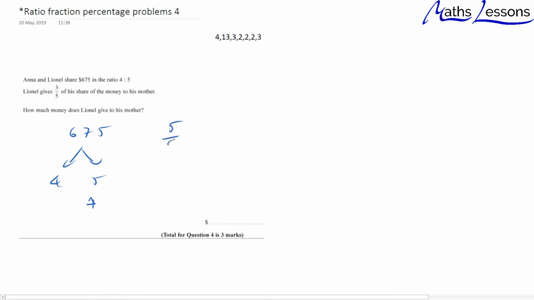So he's going to have 5/9 of the 675, and then he's going to give 3/5 of his share to his mother. So we have 3/5 times 5/9. It doesn't matter how you do it. There are slower ways to do this. We can cancel that out. So essentially, we have 1/3 times 675. And even if you can't do that, you can calculate it.